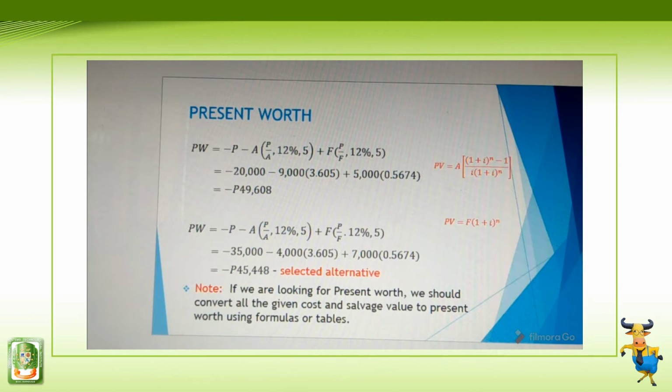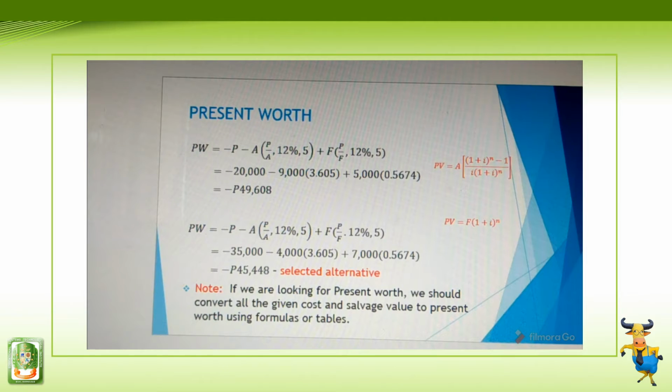So, what we will not compute is the first cost, because that is already the present value of money. We are at time 0, so that is the initial capital. We don't need to compute the equivalent present worth of it. So, what we will compute for present worth is the annual cost and the salvage value.